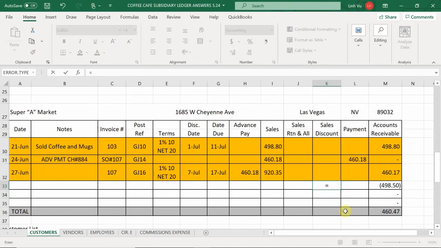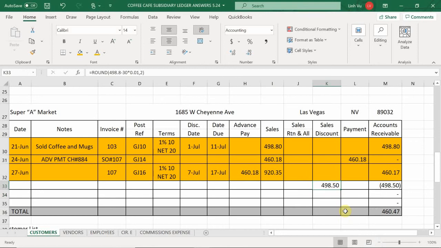I did not get that, but I'm not quite sure, because for me it gave me an error. It's multiplying the 0.01 times the 30, and then subtracting that from my amount.